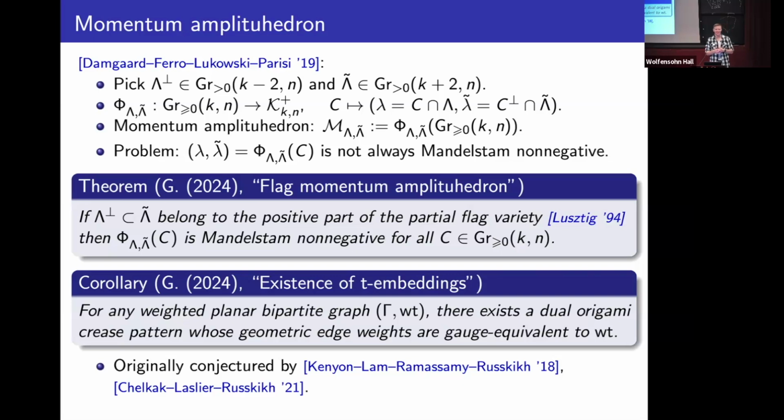Yeah, it means that you take an origami crease pattern, you apply all these Lorentz transformations, so you get lots and lots of origami crease patterns, and they all correspond to the same thing. That fact is not manifest. You can extract lambda, lambda tilde and see that they're the same, but without that, if I just show you two origami crease patterns, I can't tell you if one is Lorentz equivalent to the other.